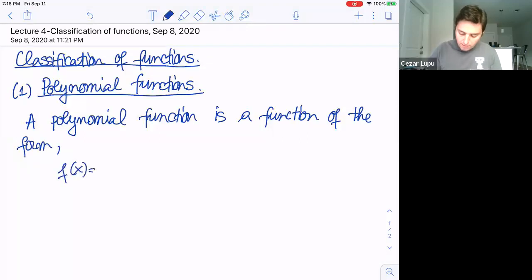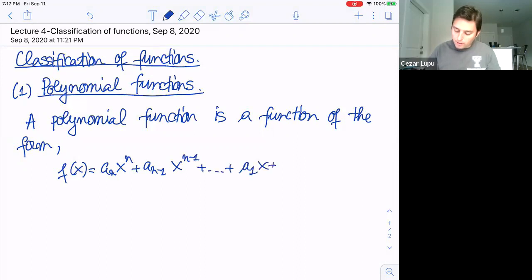This is f of x equals a sub n x to the power n, plus a sub n minus 1 x to the power n minus 1, plus ... a1 x plus a0.